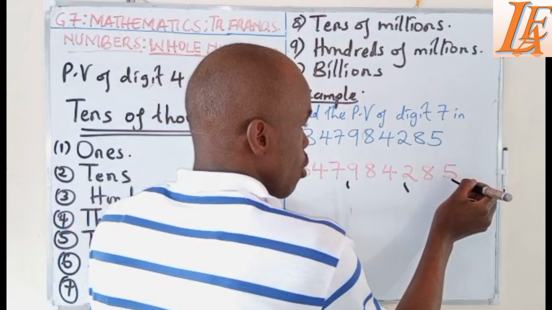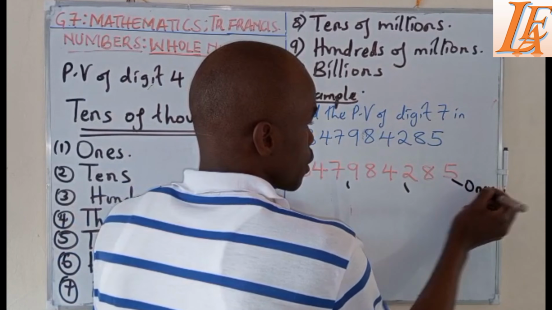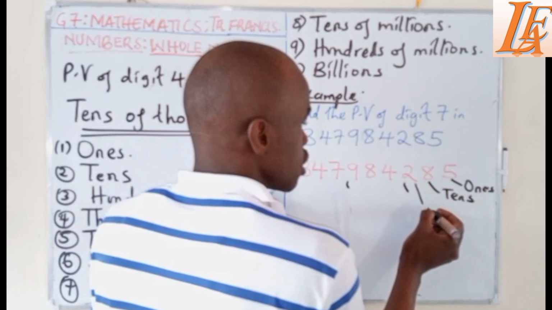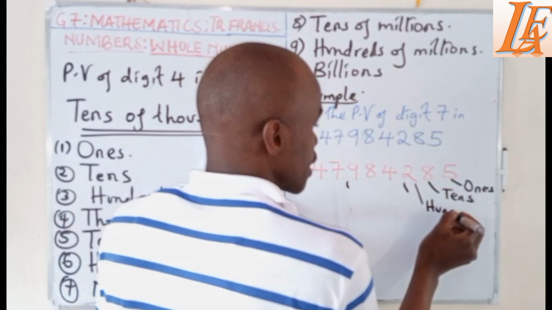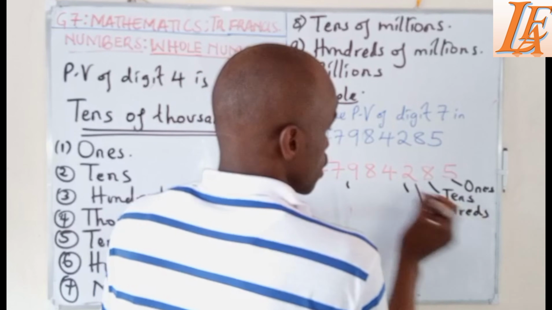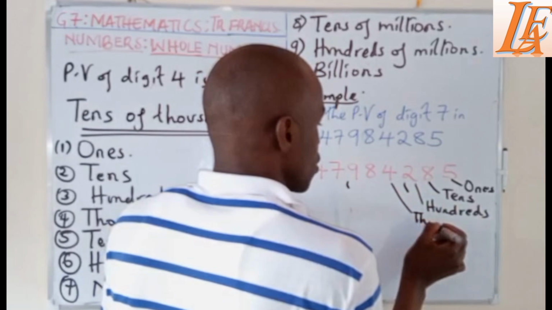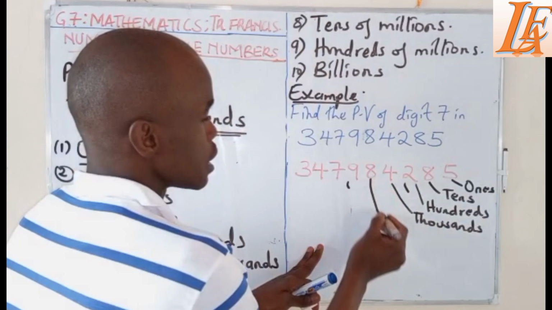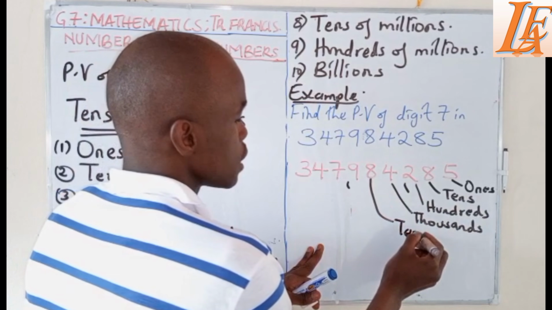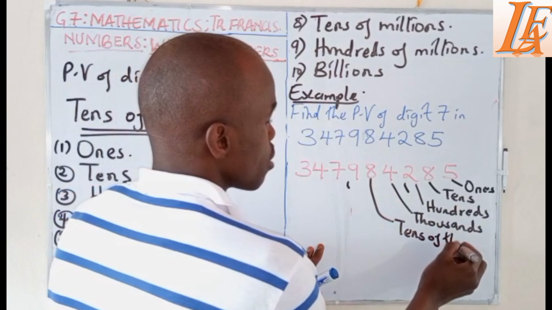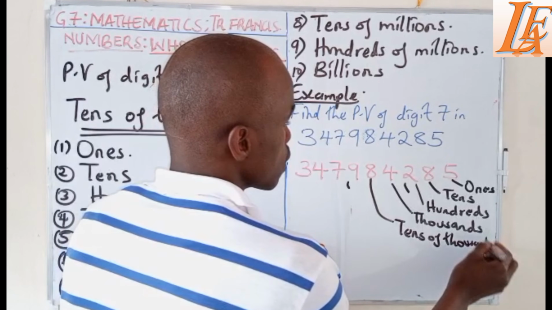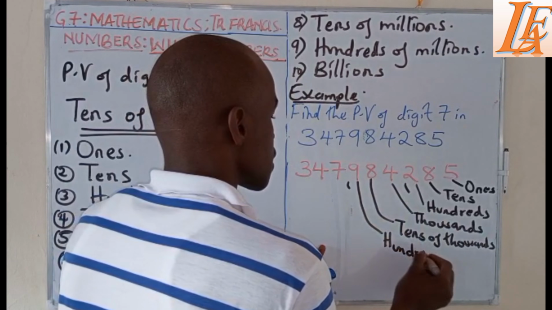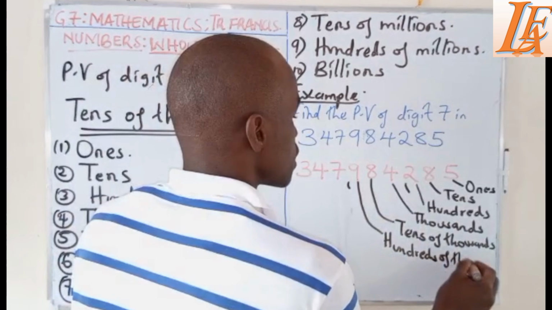5 is in the place value of ones. 8 is in the place value of tens. 2 is in the place value of hundreds. 4 is in the place value of thousands. Then 8 is in the place value of tens of thousands. Then 9 is in the place value of hundreds of thousands.